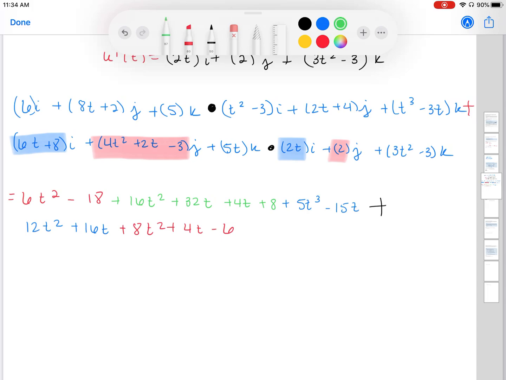And then lastly, let's multiply our k's. 5t times 3t squared is 15t cubed, and then minus 15t. Okay, our answer will be adding up all of these like terms. We should get 20t cubed plus 42t squared plus 26t minus 16.